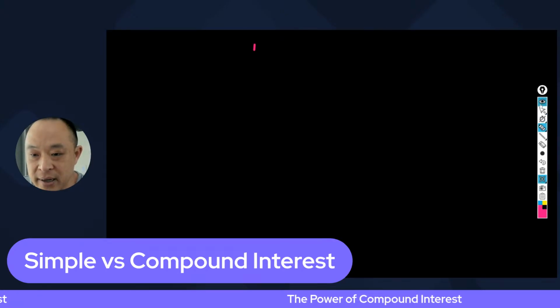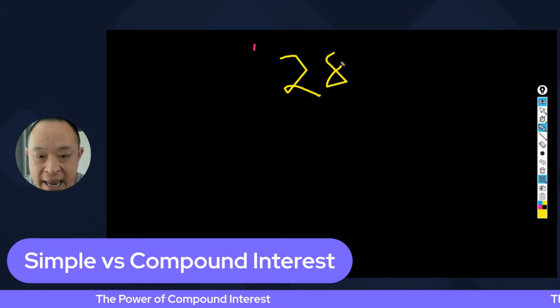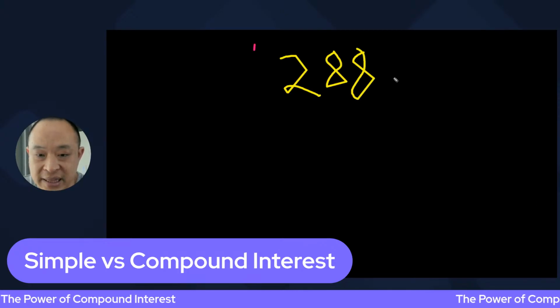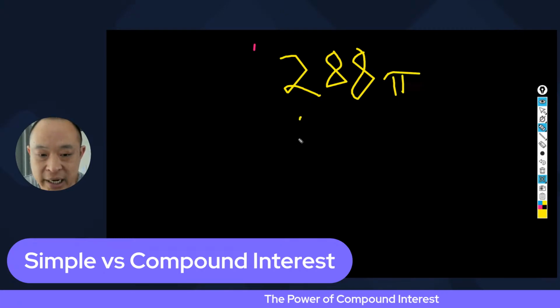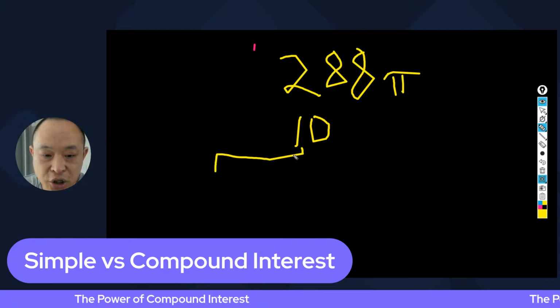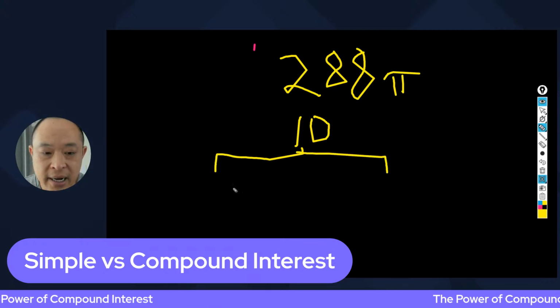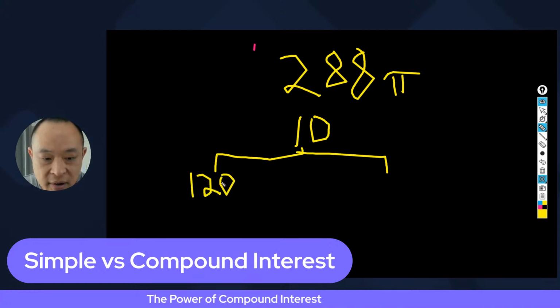How do you do that? In order to make $288 of profit the second month, now we're going to place 10 trades. But instead of making $100 per trade, now we're going to say expect to make $120 times 8 winners.